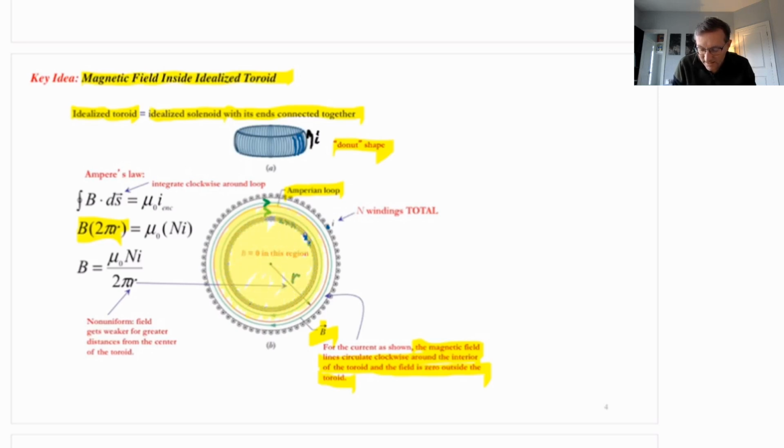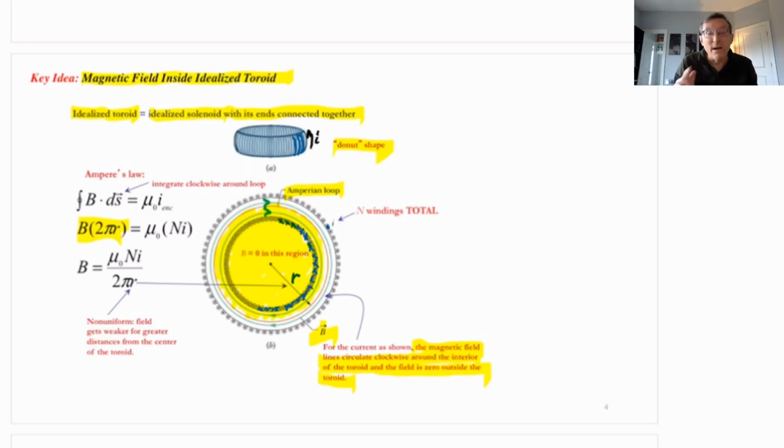That's the surface inside the Amperian loop. I've got to be able to visualize where the piercing of that surface is. You see where it is? It's where all these windings on the interior circumference of the toroid are going downward, with the current going inward, all the way around. Okay?